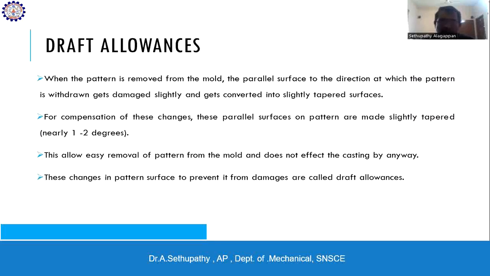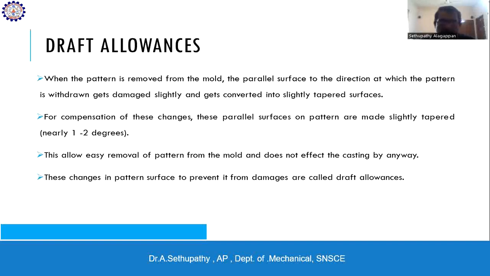Then draft allowance. When the pattern is removed from the mold, the surfaces parallel to the direction of removal get slightly damaged and become slightly tapered. To compensate for this, the parallel surfaces of the pattern are made slightly tapered, nearly 1 to 2 degrees, so we can easily remove the pattern after making the mold in sand.